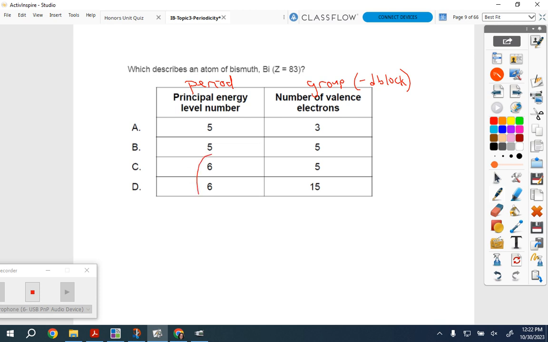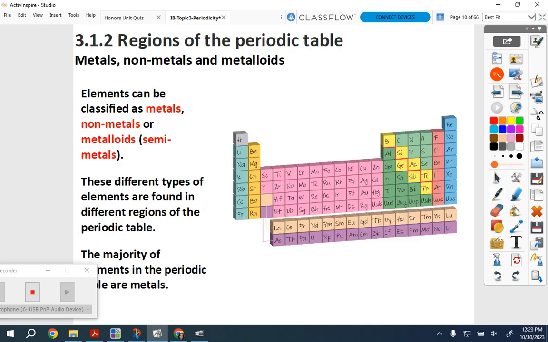And how many valence electrons is it going to have? 5, because again, it's in group 15, but we're subtracting out those 10 D block elements. And so we're going to end up with choice C. So that's a pretty simple kind of question, but you are likely to see something like that on the test.